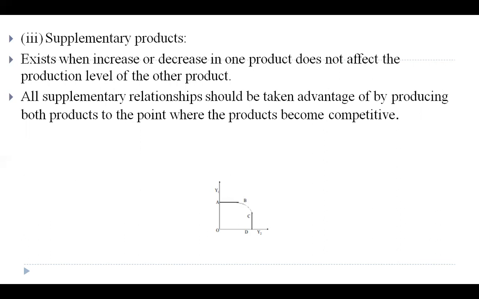So see here, A to B and B to C, such a type of curve is observed in this case. And then C to D, again it remains the same. So such a shape is observed in case of supplementary relationship in the production possibility curve. So you have to draw the diagram also if this question is asked in the theory examination.